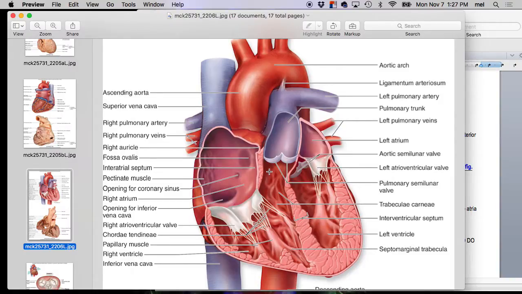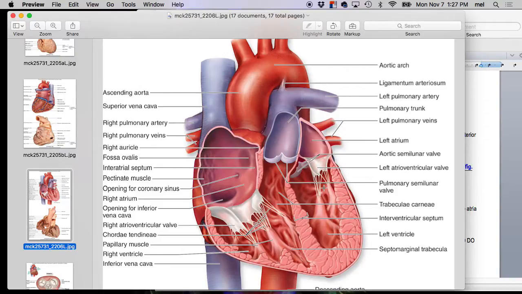And then what else are you going to run into here? You're also going to run into this lumpy musculature on the wall, way, way lumpier in the ventricles than it is in the atria. And that lumpy musculature on the wall of either ventricle is called, nightmare to spell, trabeculae carneae. So the trabeculae carneae is the lumpy musculature on the wall.